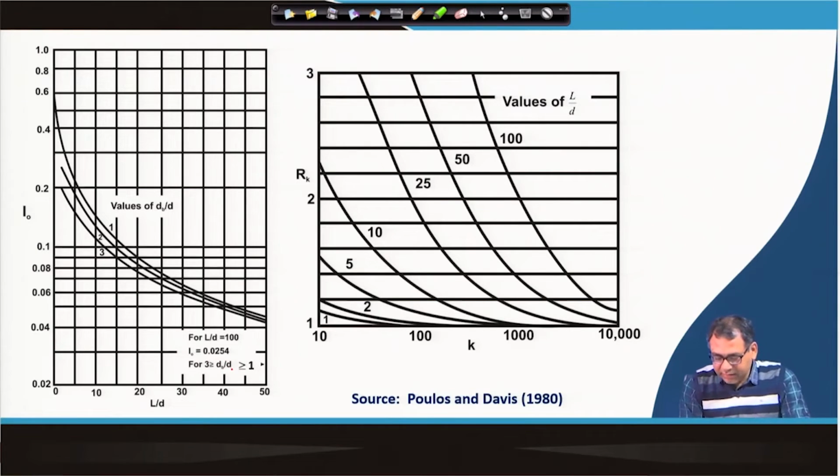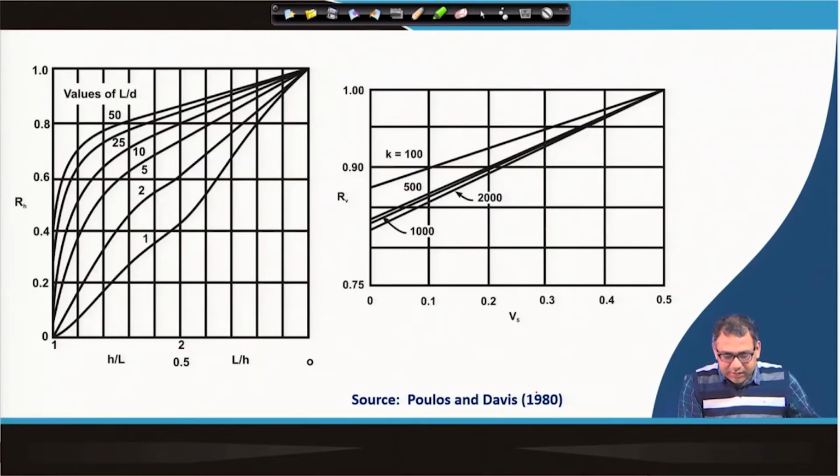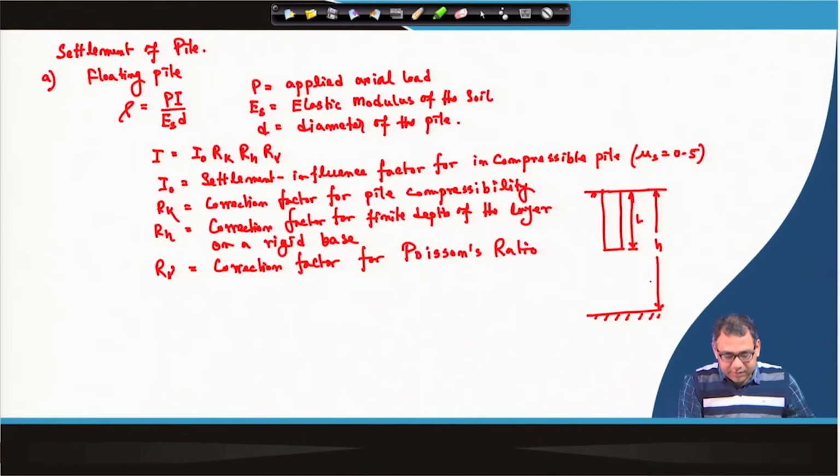Then for the correction factors, this is the R k chart for different L by D and the k value. This is the R h chart for different h by L values, and this is the chart for mu s, the Poisson ratio of the soil. This is for different Poisson ratios 0.5 to 1, and different k values, and then we get these correction factors from these charts.